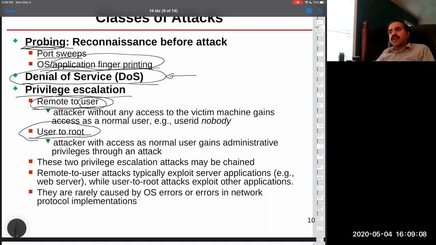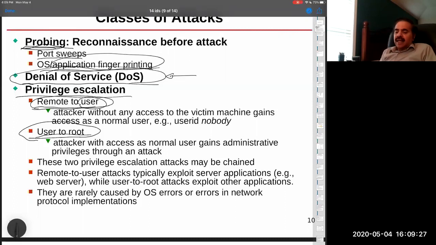One term that's often used is getting a foothold. The attacker, starting with no access to the system, somehow is able to run some code on the target system, and that's called getting a foothold.